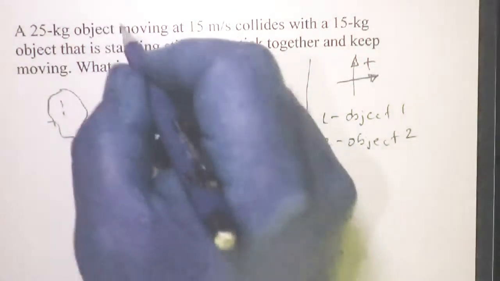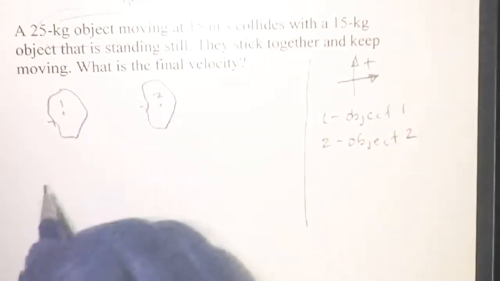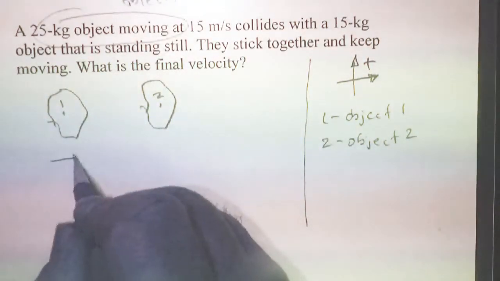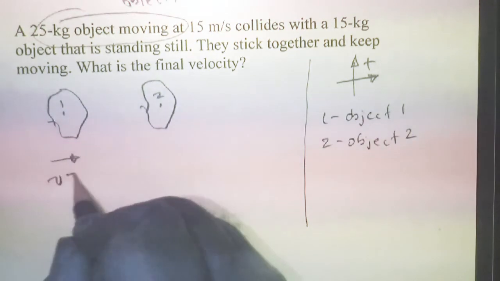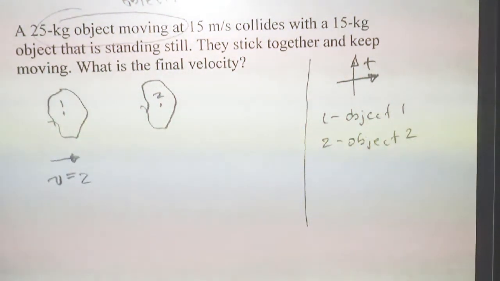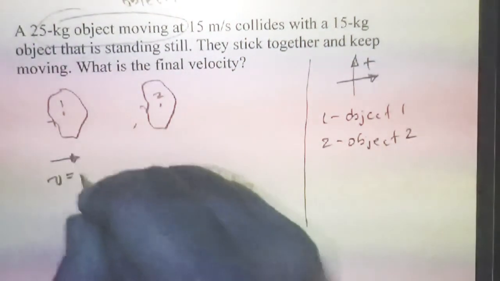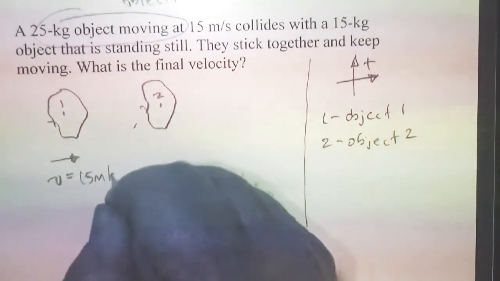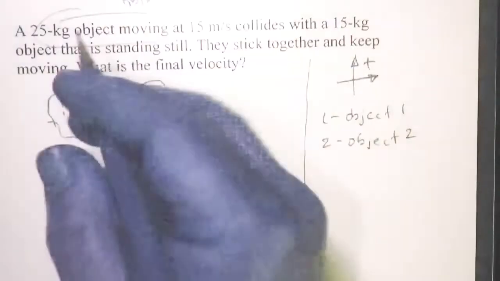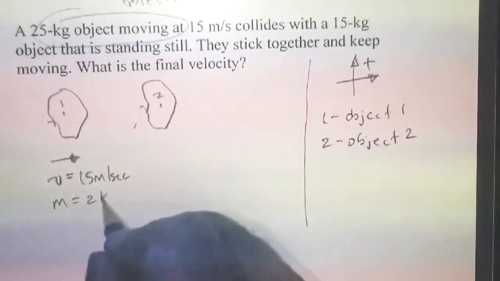Object 1, which is this one, is moving. It has a velocity, and that's 25, or excuse me, that's 15 meters per second. And it also has a mass of 25 kilograms.